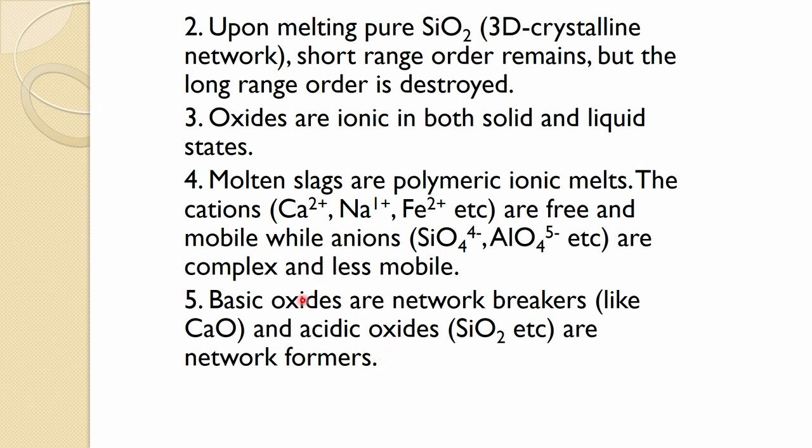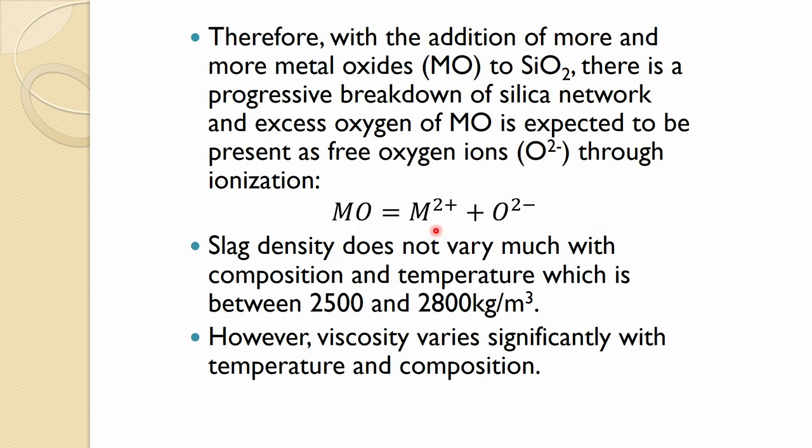In the slag we have quite a good amount of lime. So it is breaking the network, which also promotes the polymeric ionic melt. If you remember, when we were talking about the sulphide capacity, we wrote the equation in ionic form, which is mostly due to this reason.